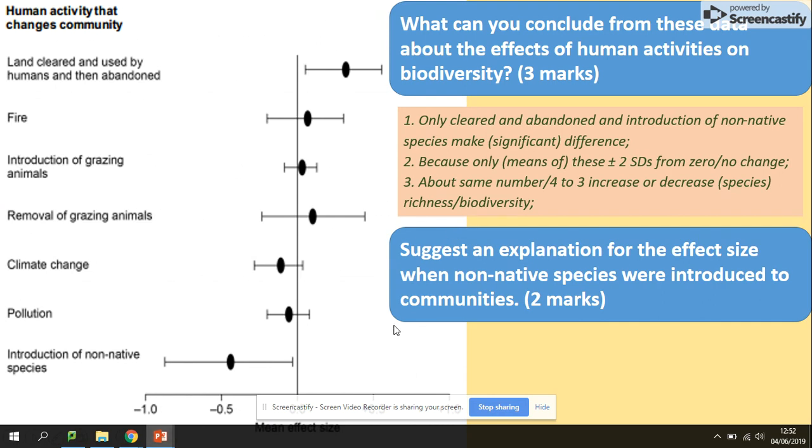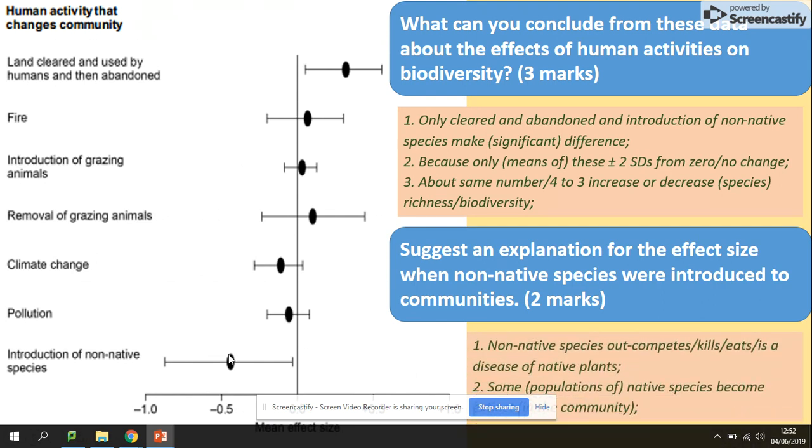And just an explanation for the effect size when non-native species were introduced: the native species could be outcompeted, could be killed, could be eaten, and some populations of native species become extinct. So they die out.